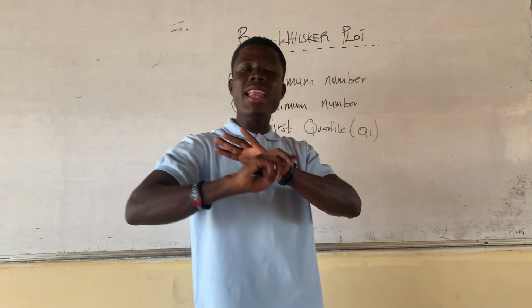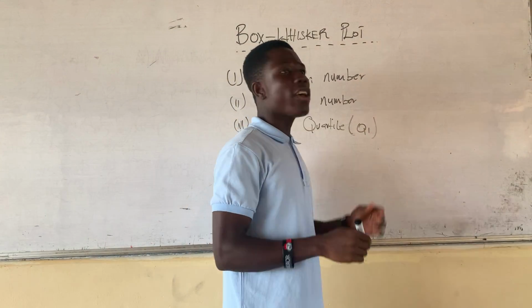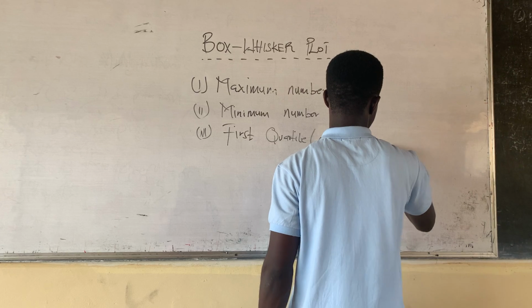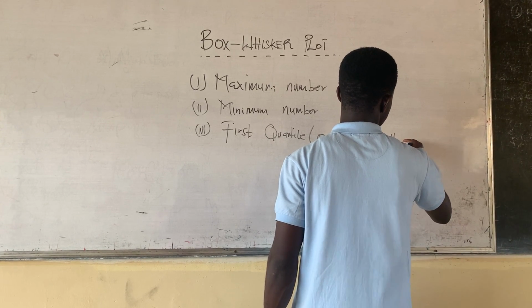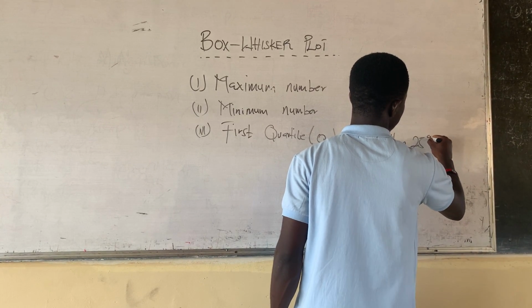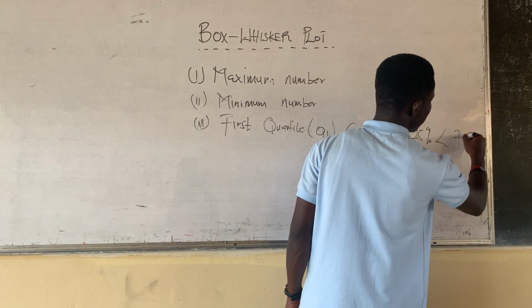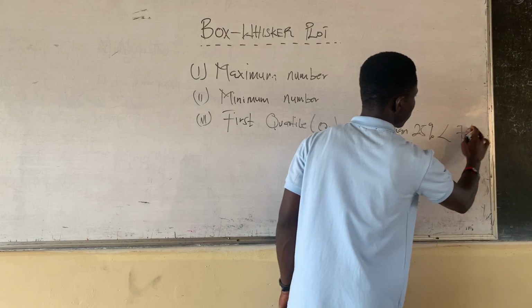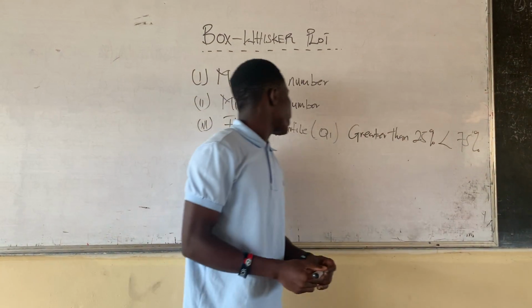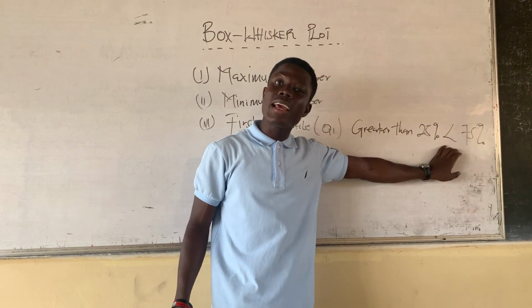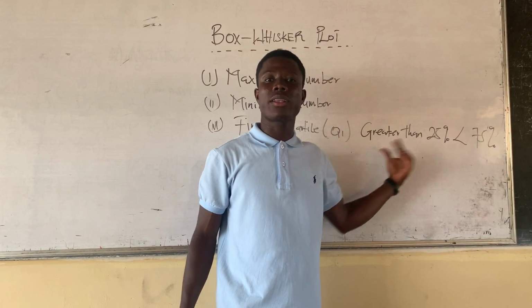So in any given data value, our first quartile is always greater than 25% but less than 75%. So this is our third property.